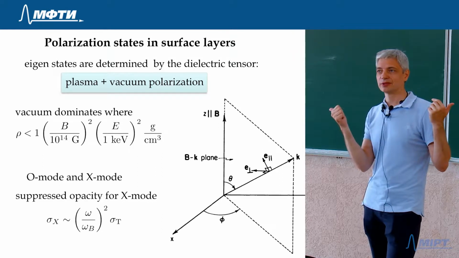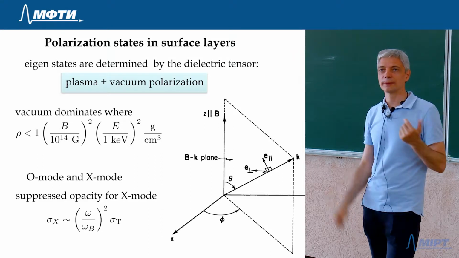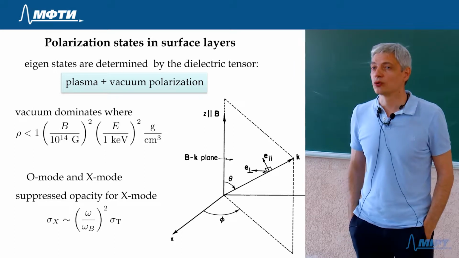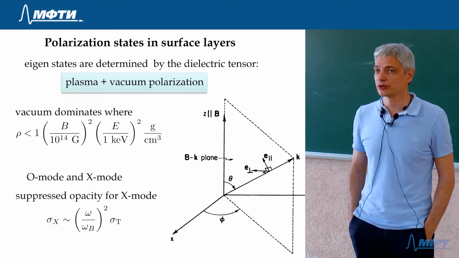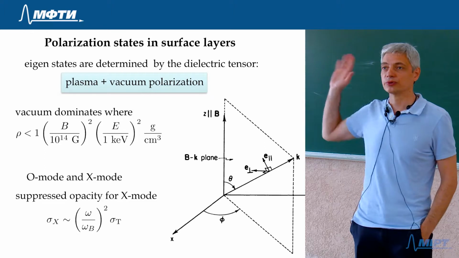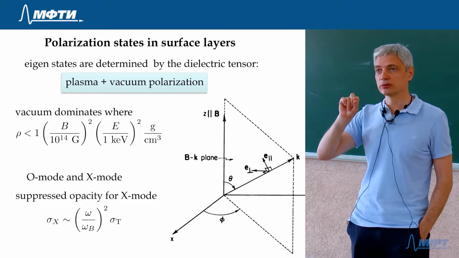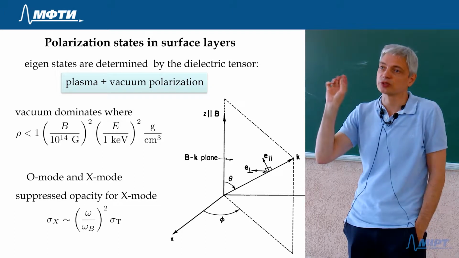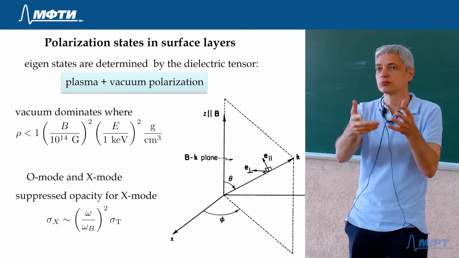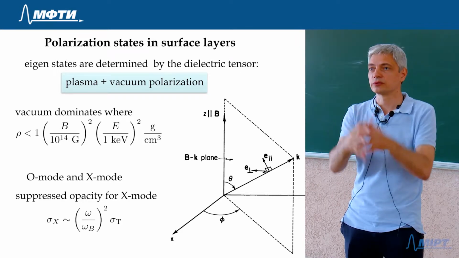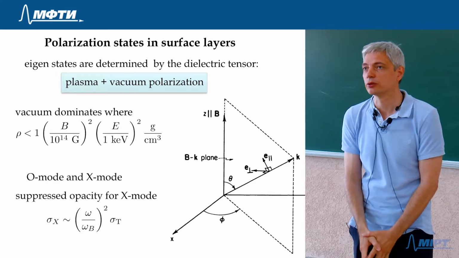Which one and why? Can you tell me? Yeah, so the O mode is more strongly coupled. The cross-section for the O mode is comparable to Thomson cross-section. For the X mode, the cross-section is much smaller. Photons in the X mode do not interact with material as strongly as the O mode.